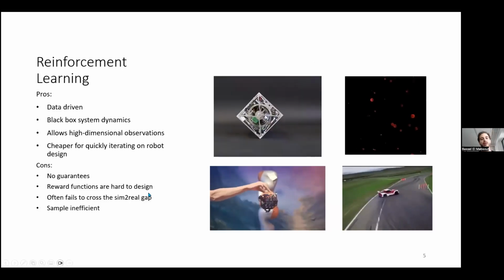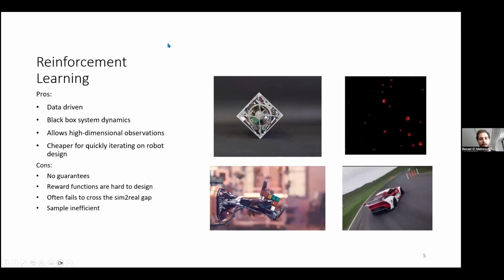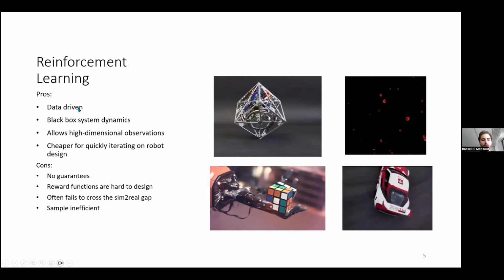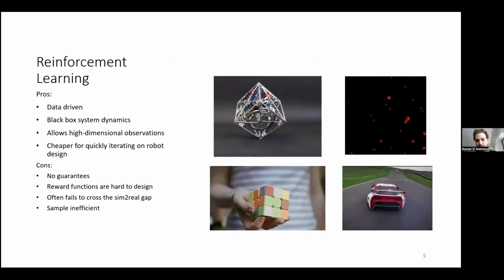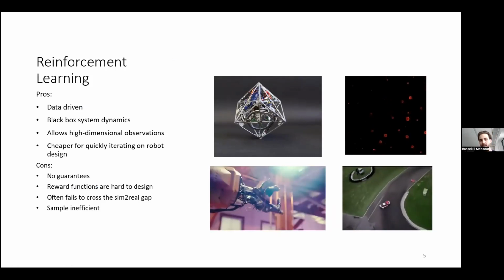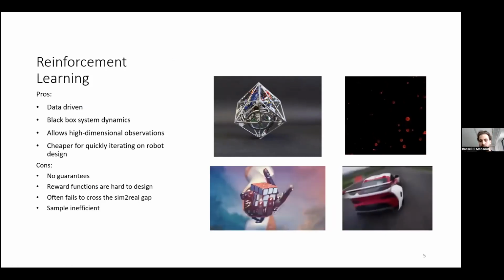Okay, so one response to this is what people have been doing in reinforcement learning. In reinforcement learning, the benefits are that you can get around those limitations that we've had in the PID controller. And indeed, these limitations are the case in many classical control theory algorithms.